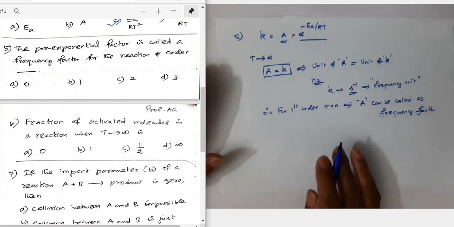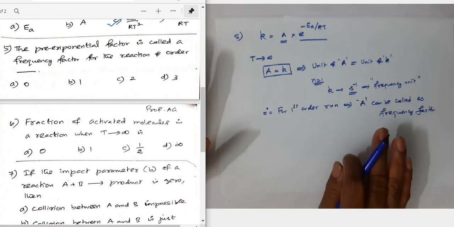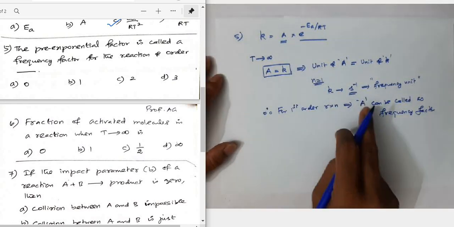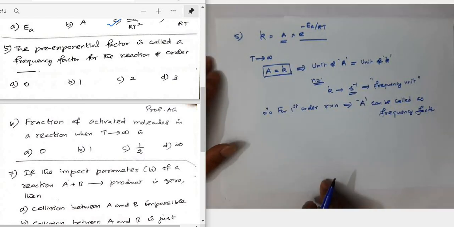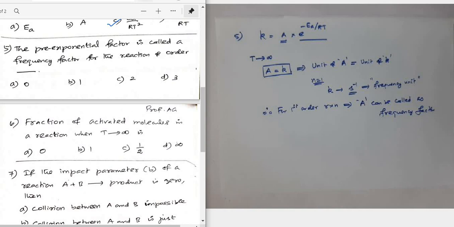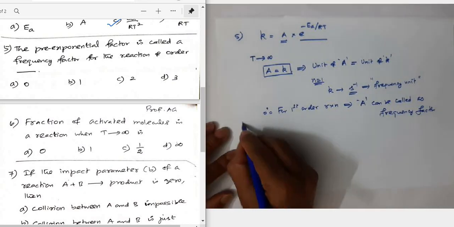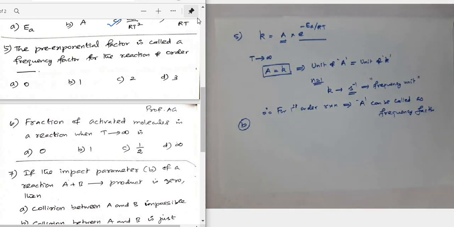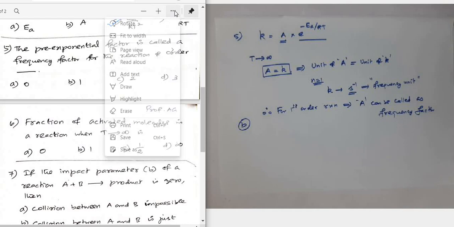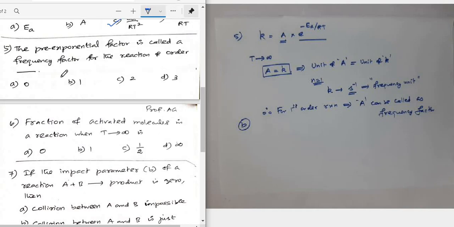For other reactions, it is simply a pre-exponential factor. Only for first order reaction, it is called a frequency factor. So the correct option for this question is option B. The pre-exponential factor is called a frequency factor for first order reaction.